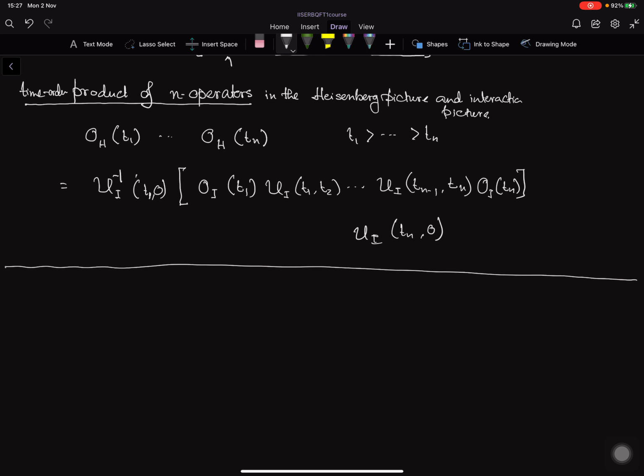This is the free theory vacuum, time ordered product O_I (t1) dot dot dot O_I (tn), U_I (t, -t).